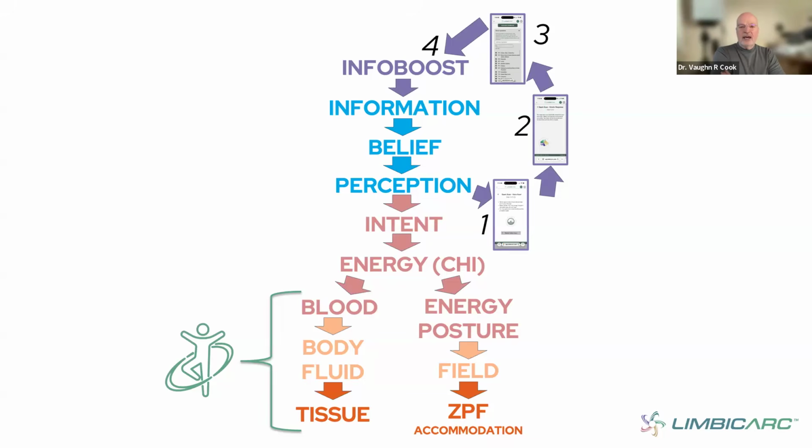So you might say, oh, I'm going to put echinacea in my InfoBoost because I need to improve my immunity. Our intent then gets focused on the physical side of it, and we don't realize that echinacea, and particularly the information of echinacea, can have an effect on every other domain. But today we're going to be talking about the physical domain.